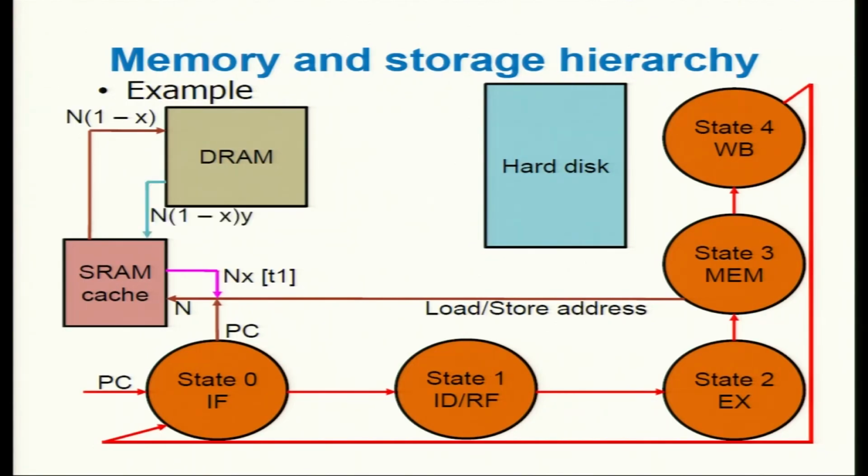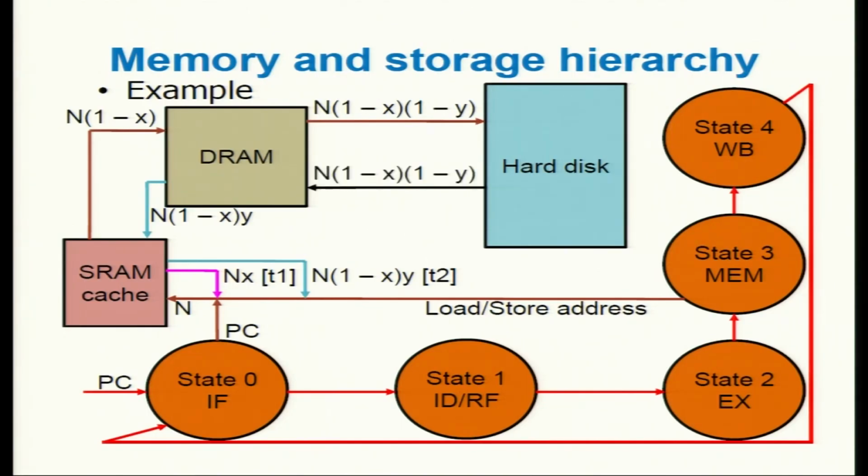And the DRAM will be able to supply only a fraction of that, because DRAM also doesn't have everything. So we assume that fraction is y, and that would be forwarded back to the processor, and let's say the total round-trip time is t2 in this case. And whatever the DRAM could not supply will be forwarded to the hard disk. And the hard disk should be able to supply everything.